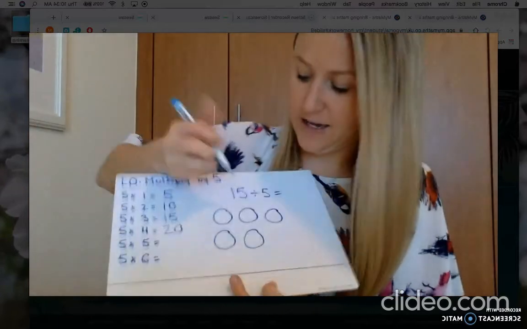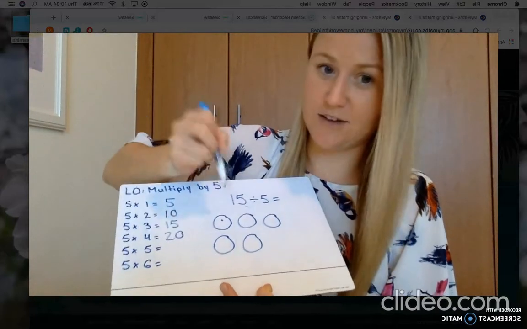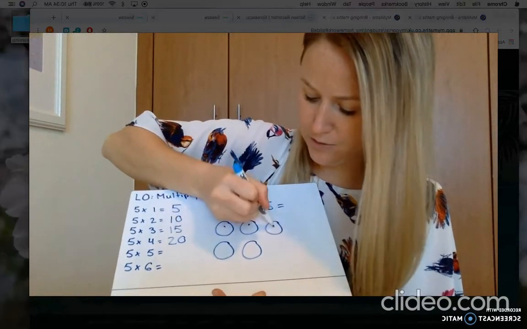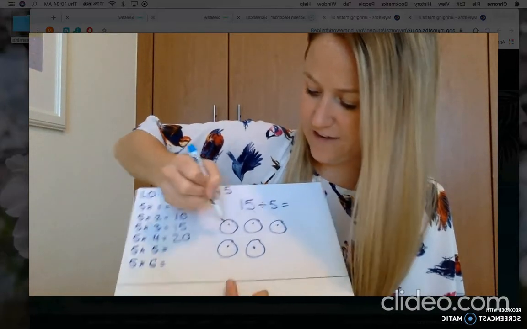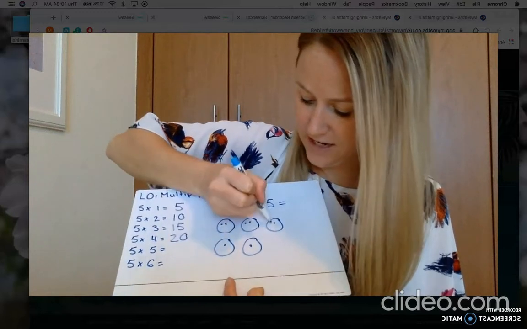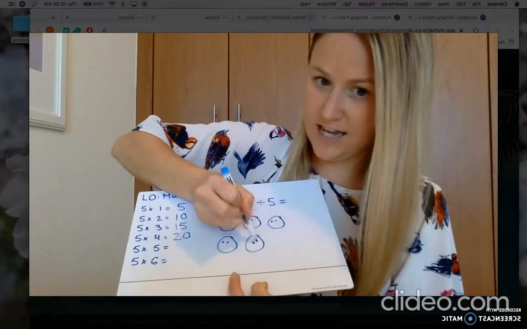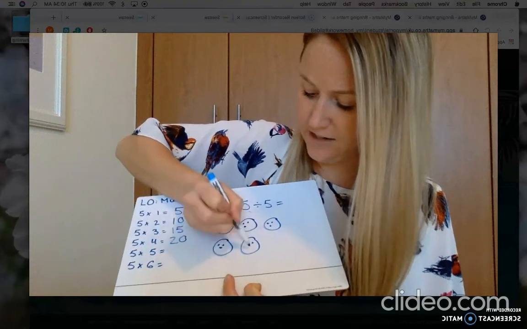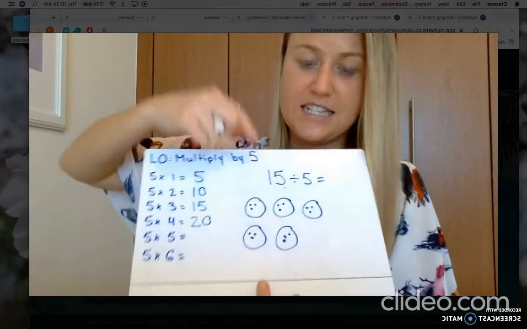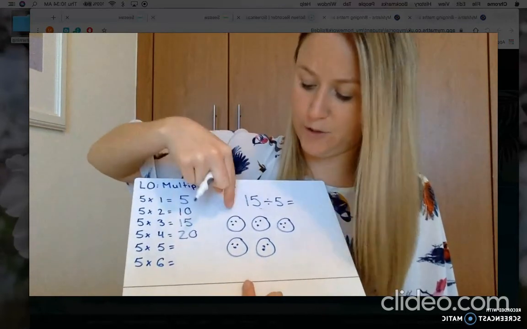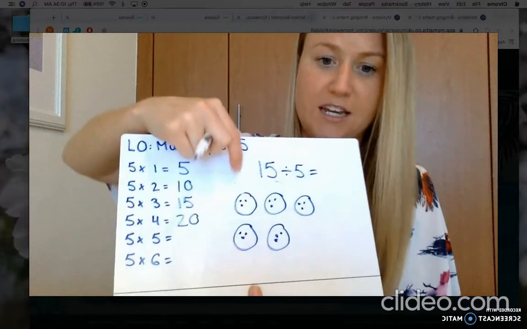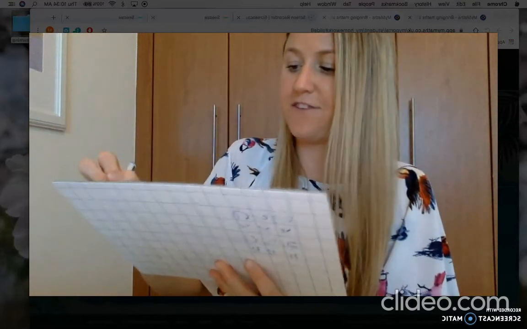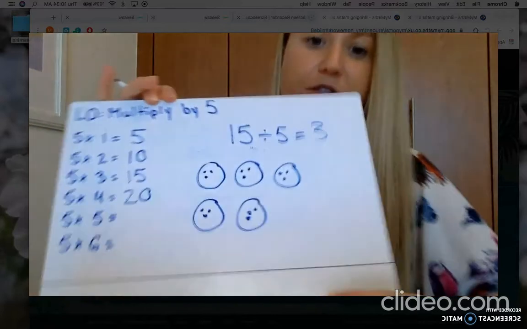So I would say 1 for you, so I'm going to count as I go. So 1, 2, 3, 4, 5, 6, 7, 8, 9, 10, 11, 12, 13, 14, 15. Okay, and then I see how much is in one group. So I know that there is 3 in one group. Okay, so 15 divided by 5 would be 3.